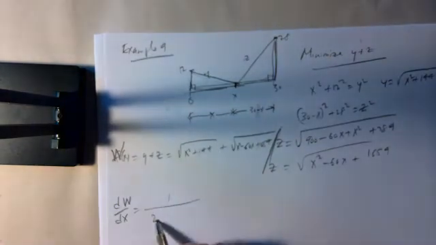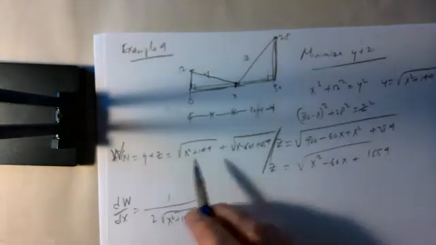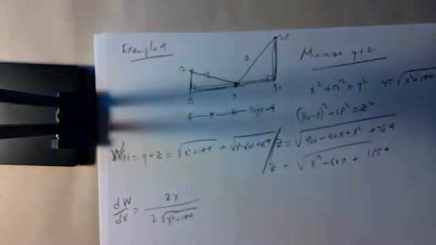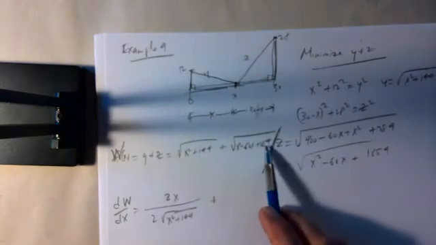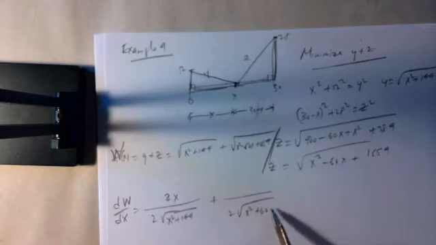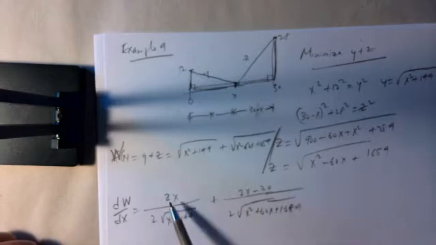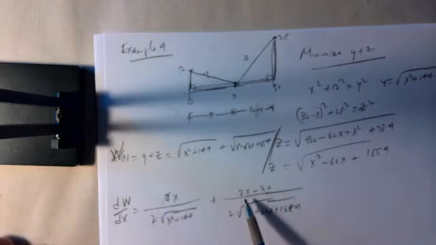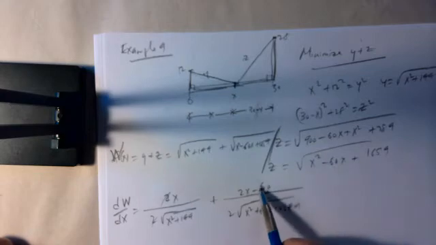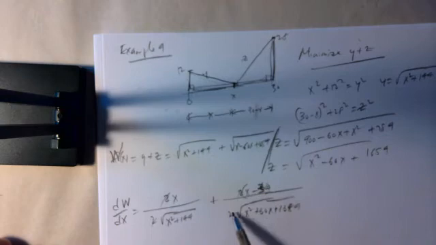So it's 1/2 times the square root of x squared plus 144 times the derivative of x squared plus 144, which is 2x, plus the derivative of this, we get 1 over 2 times the square root of x squared minus 60x plus 1684, times the derivative of this, which is 2x minus 60. And we can, so that's 2 times x minus 30. And these 2's cancel.